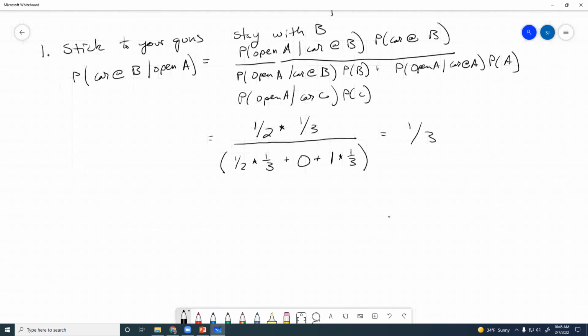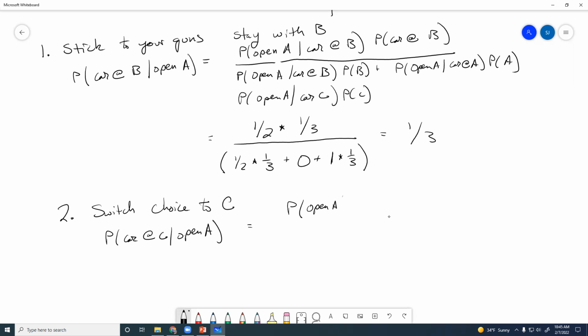And then we'll do it where we switch our choice. So now we're going to calculate the probability that the car is at C, given that he opened A. Then we're going to divide that by all of those things again, right?